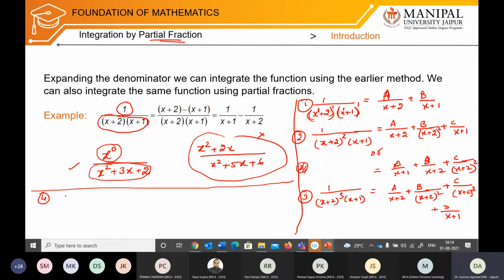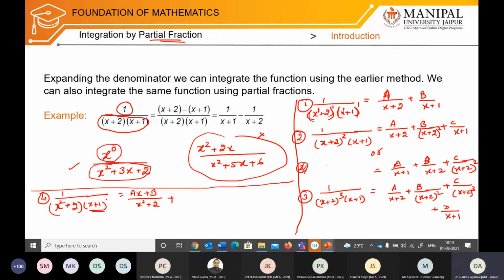Now if we have a term like 1 upon x square plus 2, times x plus 1, here the power of x is 2, so we take ax plus b upon x square plus 2.